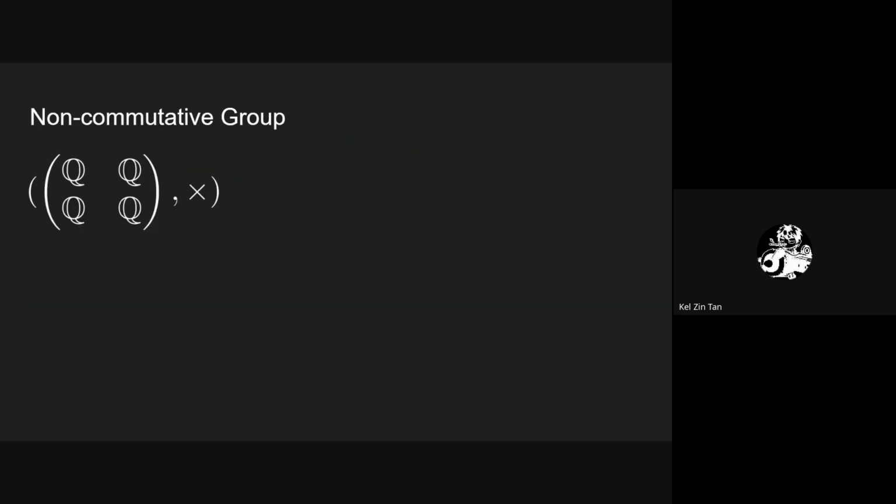Okay, so perhaps now I'll also talk about a non-commutative group. A non-commutative group is basically when A multiplied with B is not equal to B multiplied with A. So matrix multiplication is a very good example of this.